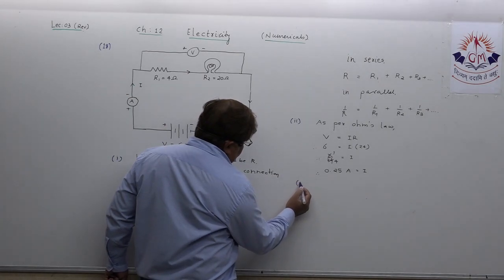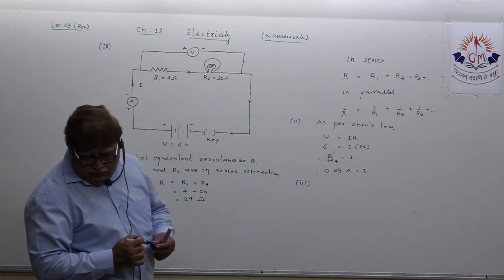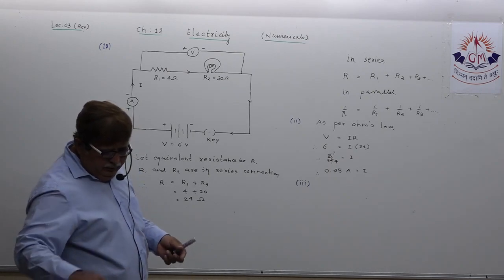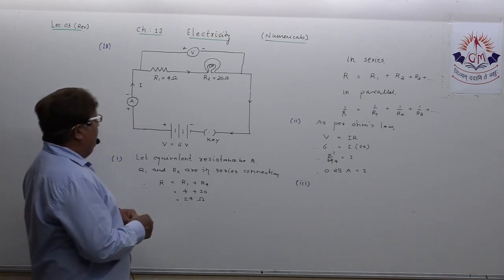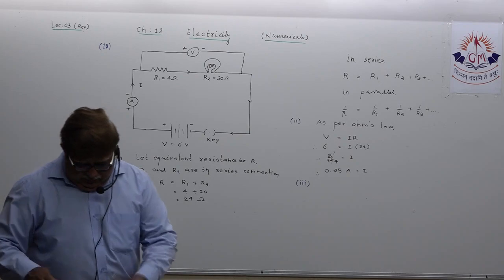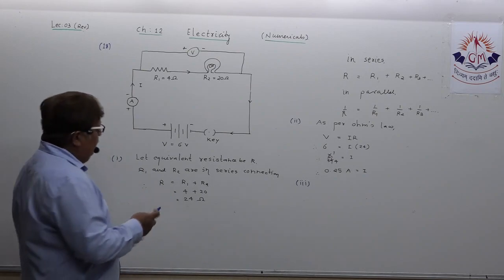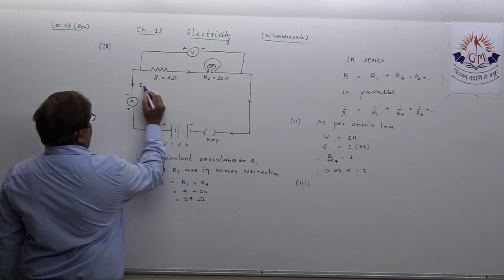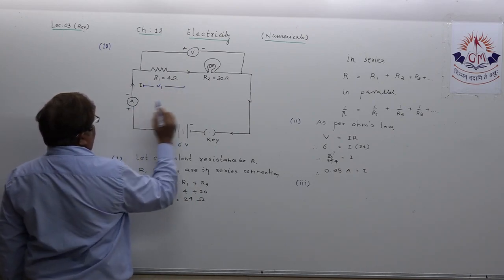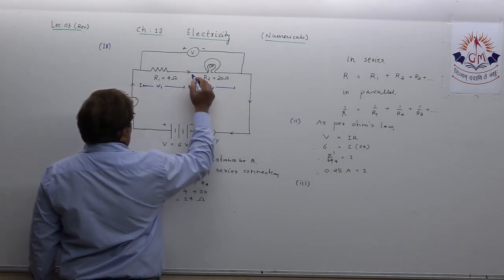Now the third one. What are they demanding in the third one? Potential difference across each resistor. That means, dear student, in the diagram you need to show V1 as the potential difference across R1 and V2 as the potential difference across R2.